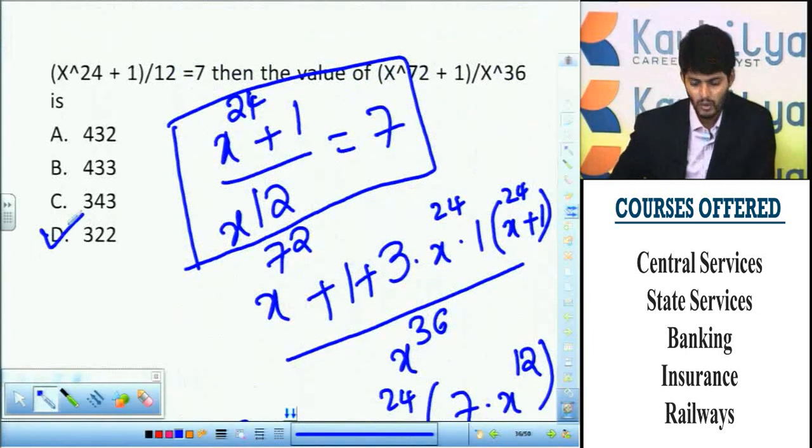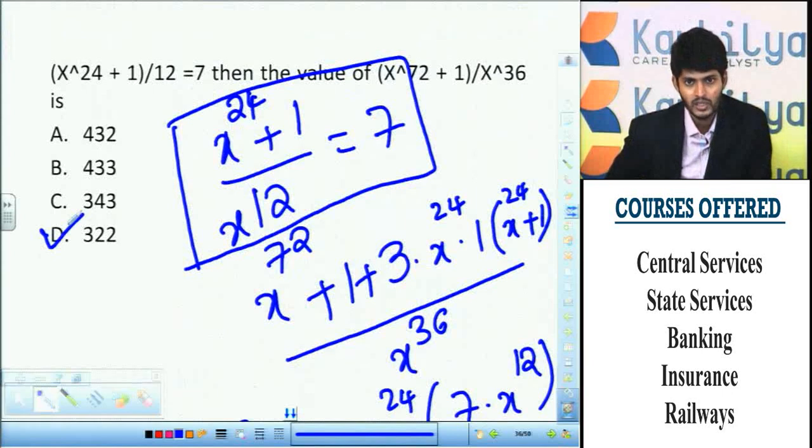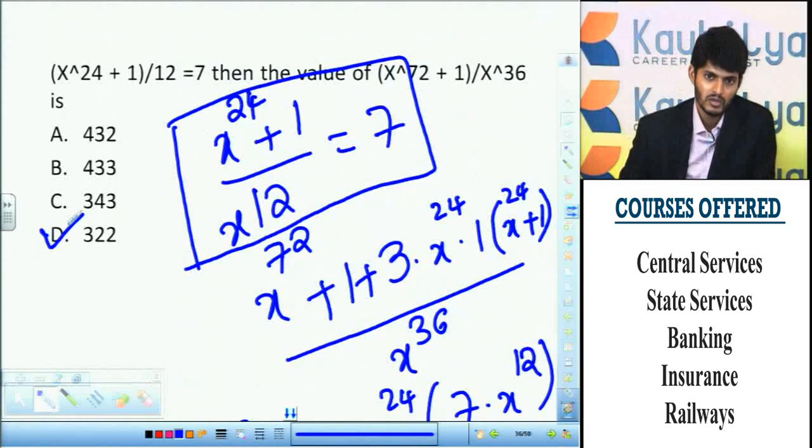Though initially when I look at the problem the answer might look like 343, you need to be a little bit patient and remember that if I do a plus b whole cube, I will not get a cube plus b cube, but I will get a cube plus b cube plus 3a square b plus 3ab square. So that is the reason the answer is coming out to be less than 343. So your answer would be D.